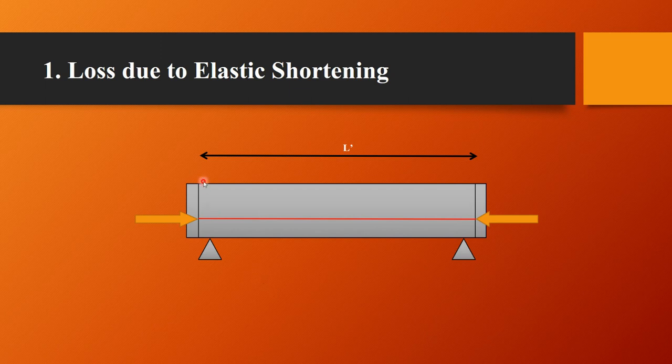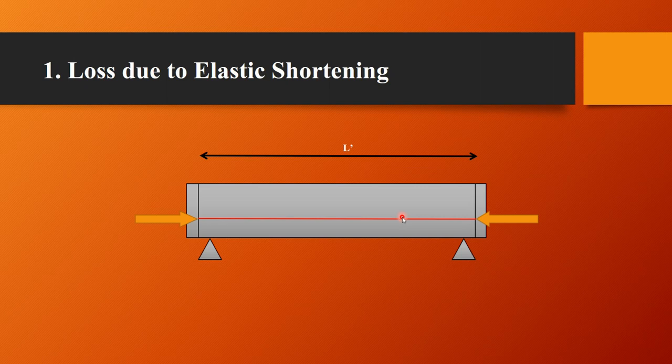As this concrete section is reduced and the reduced length L dash is less than L, simultaneously the tendon that you have provided is also going to shorten, or contract. As the tendon contracts by some amount, the pre-stressing force or tension that you have applied in that tendon is also going to reduce.